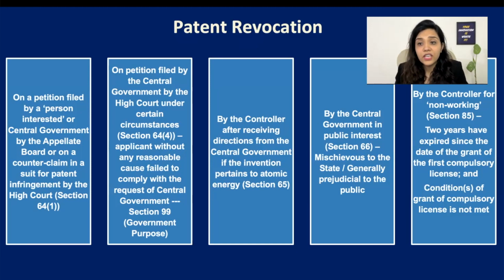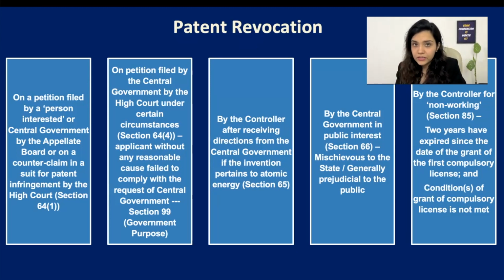Then we have section 85. Again, here you'll have to understand the scenario. Why? Because though the title of this section says by the controller for non-working, it doesn't mean that a patent can be revoked for non-working, because the text inside this section speaks differently. It says that 2 years have expired since the grant of the first compulsory license and the conditions of the compulsory license are not met.